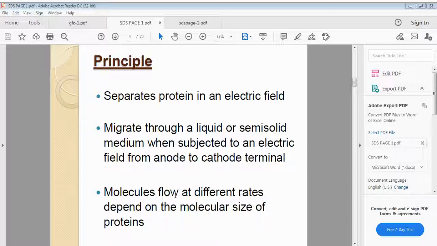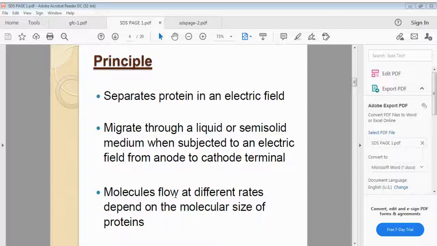Similarly, depending upon the length or the molecular size of the protein, the number of SDS will be based upon the number of amino acids. Okay, if the number of amino acids is 10, 5 SDS will be added. So the total charge will be minus 5.